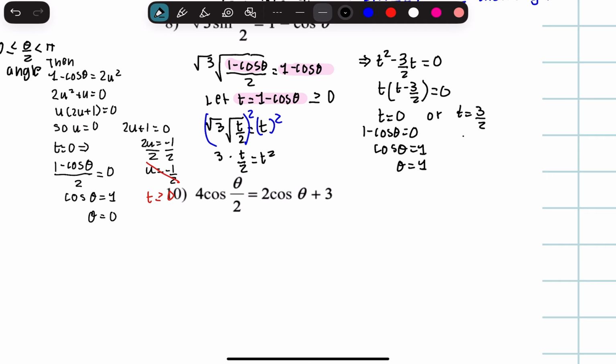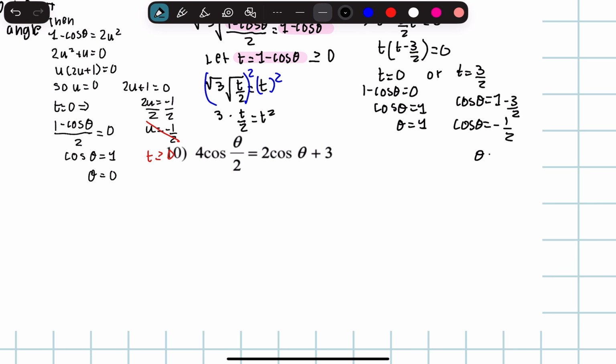So now for this, you have cosine of theta is equal to 1 minus 3 over 2, so this is going to equal negative 1/2. So that means cosine of theta is negative 1/2, and theta is going to be 2 pi over 3 and 4 pi over 3.